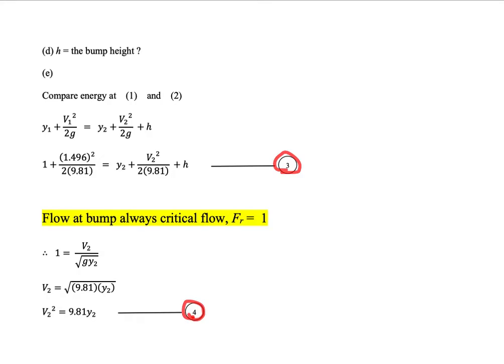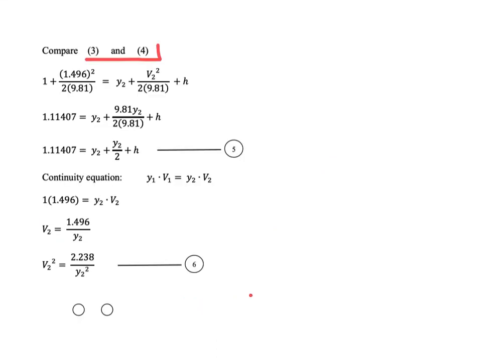Please do not misunderstand: this is not point 3 and 4 in the diagram. We are substituting the values of equation number 3 and equation number 4 here. So we will get this one. As I said, now the terms of velocity disappear, so we only have the y and the h.